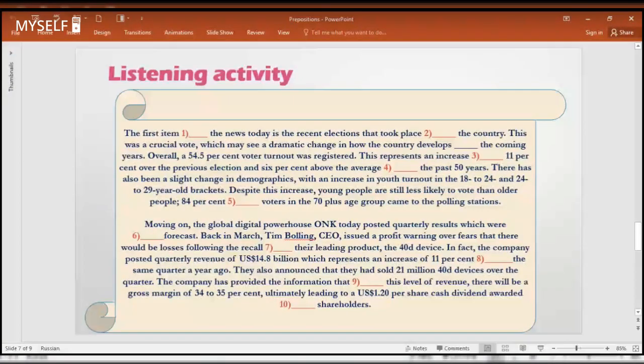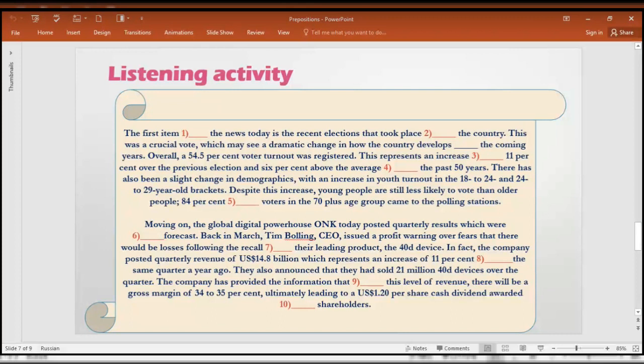The third one is over, and the fourth one is for. The fifth one is off, and the sixth one is which were, so what do you think?